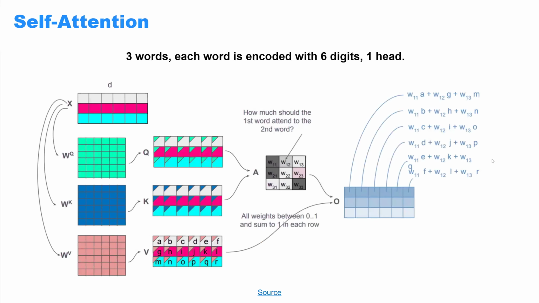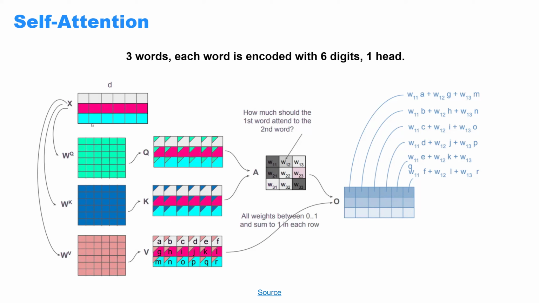So let's see these equations in a simplified way. For example, we have our input X that consists of 3 words, and each word is encoded with 6 digits. Now we have one head. I will explain later what it means, but for now it's one.